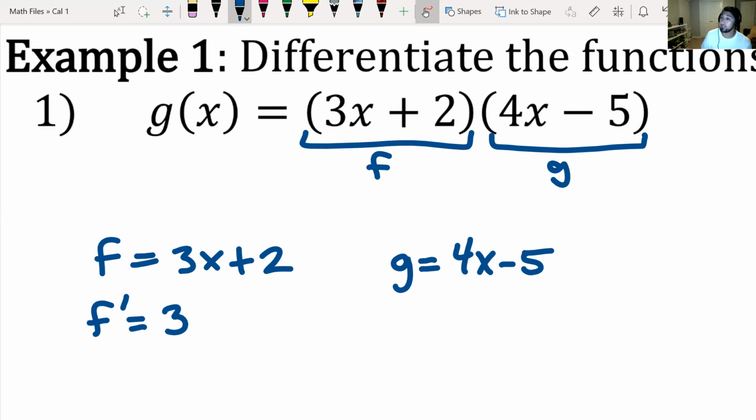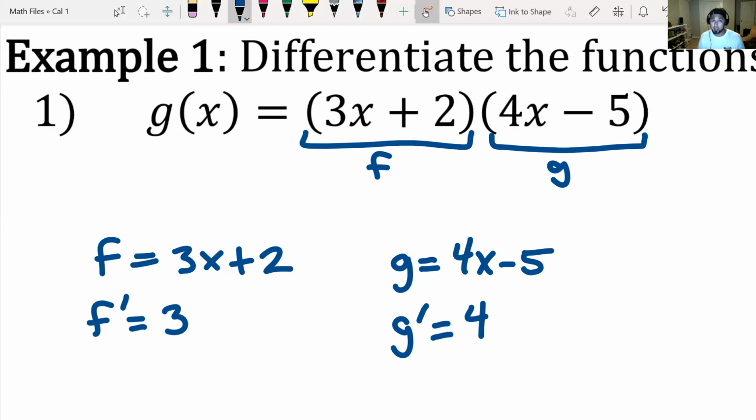The derivative of 2 is 0. So all we are left with is 3. And then we're going to do the same for g. g prime, the derivative of function g. The derivative of 4x is 4, and the derivative of negative 5 is 0.